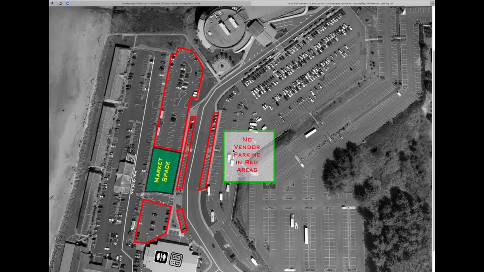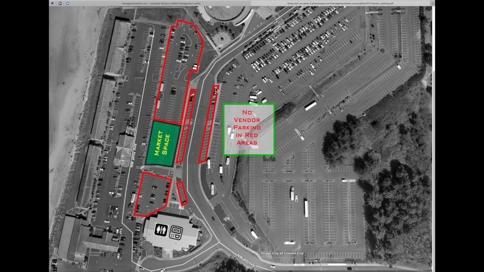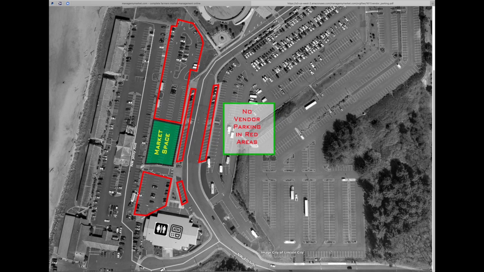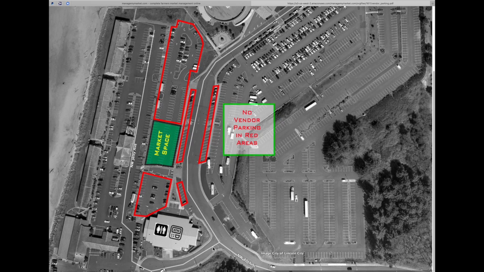And parking for vendors. So we ask that you not park in these red areas. They're either for the casino or for market visitors. Anywhere else, feel free. This is a hard divider here, so you cannot drive through and get to this back lot. You have to go around behind this building and up through.